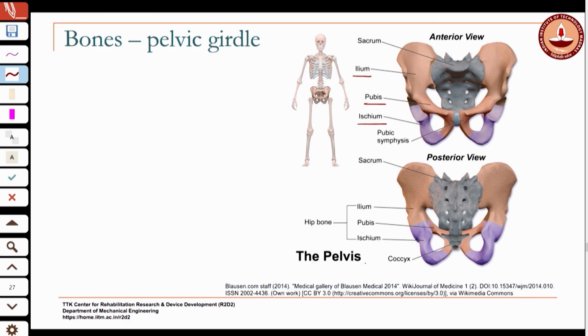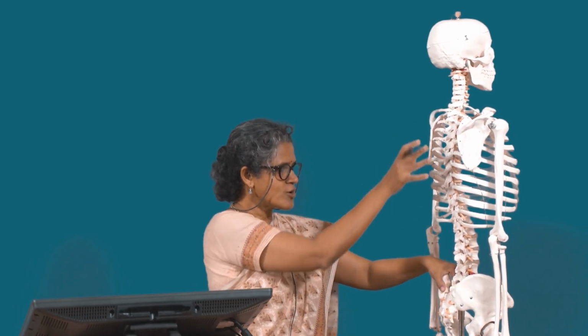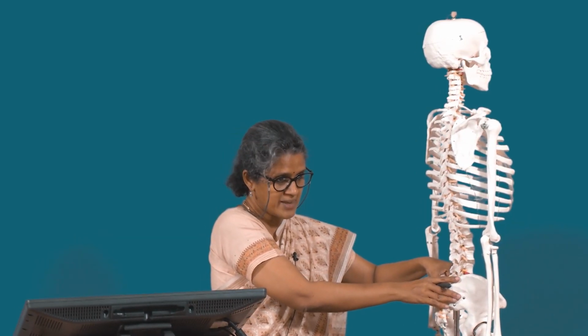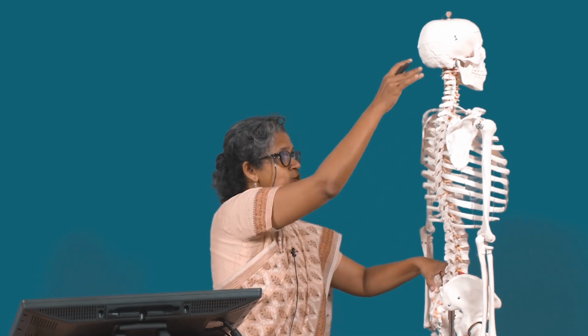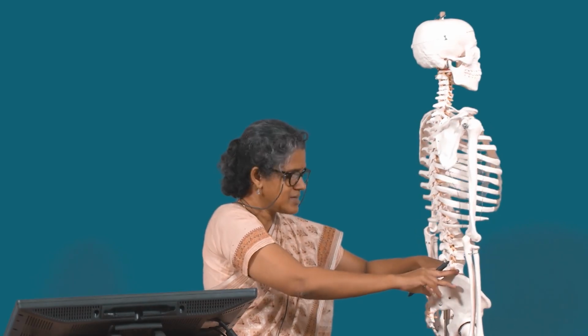Then you have the sacrum from the vertebral column, which articulates with the pelvis. That is where the load from the upper body is transferred to the lower body through the sacrum to the pelvis. The load from the upper part is all borne by the vertebral column and then transferred to the lower body through the sacrum and then the pelvis onto the legs.